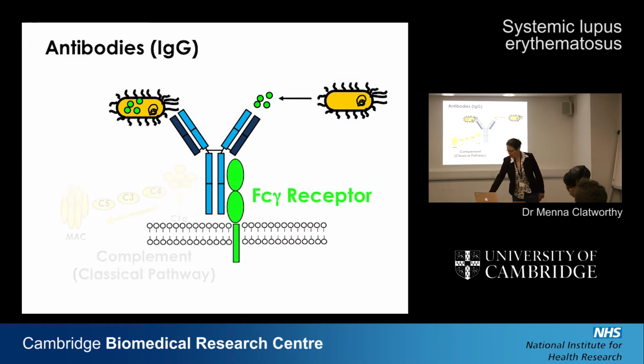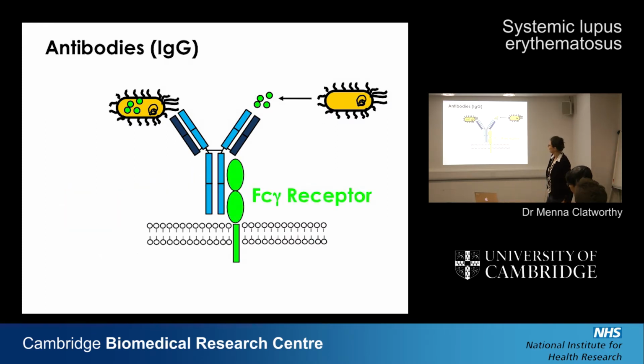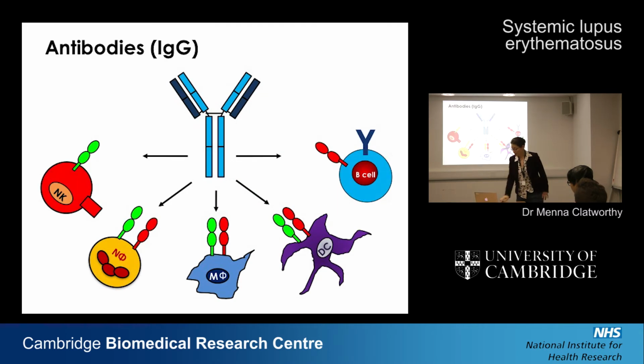And then the other important thing that antibodies can do is bind to surface receptors, and these are called Fc receptors, and that makes sense because they're binding to the Fc bit of IgG. In the case of IgG, they're called gamma receptors because the gamma chain is present in IgG. And these are really important because almost every cell in the immune system has Fc receptors. So by virtue of binding an antibody to something, you can activate natural killer cells, neutrophils, macrophages, DCs, B cells.